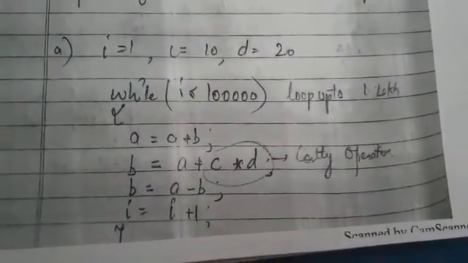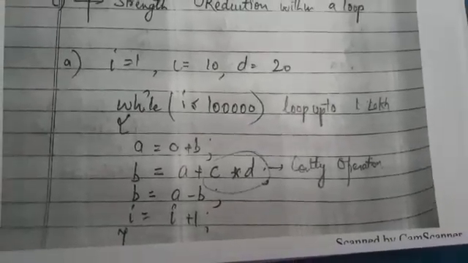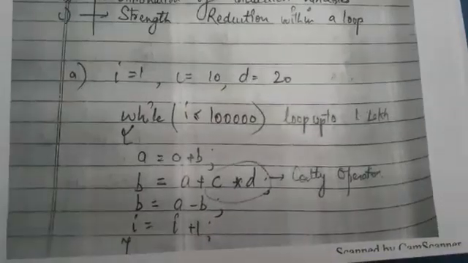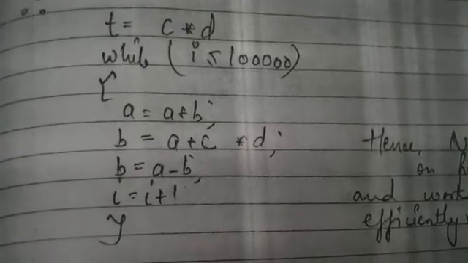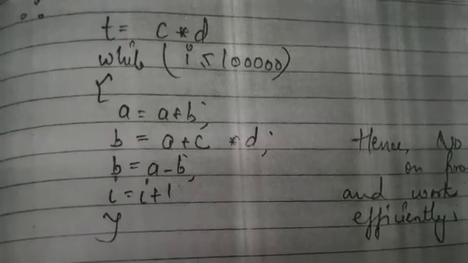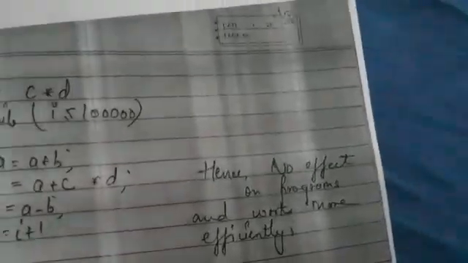So c cross d, if we evaluate it before proceeding further, then it will reduce my time, like I have done over here. We have written t is equal to c cross d. We have reduced this: a is equal to a plus b, b is equal to a minus b, and I is equal to I plus 1.